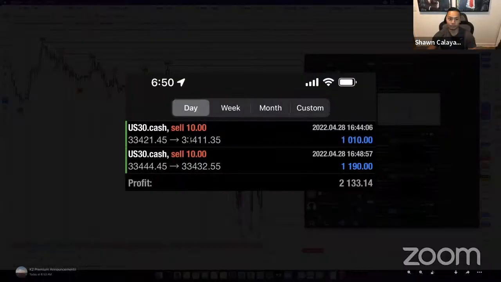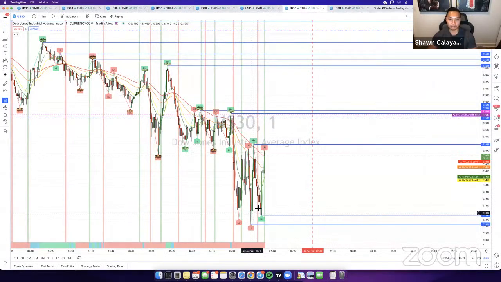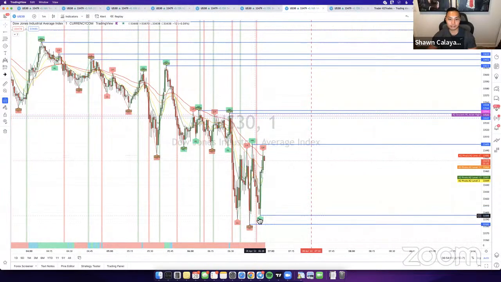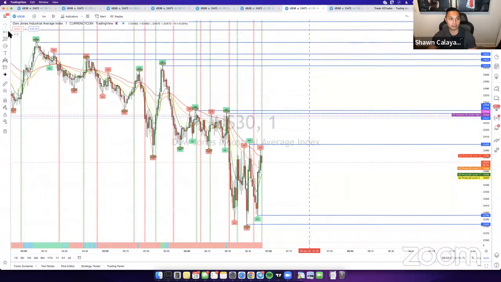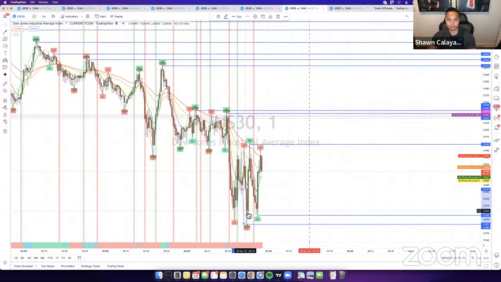It actually hit TP. And the thing is, price stayed below there. It wasn't like price hit my TP and then shot up. It hit my TP and then kept dropping. So if there was slippage, it should have given me even more profit, because it hit my TP right here and then kept going further down.